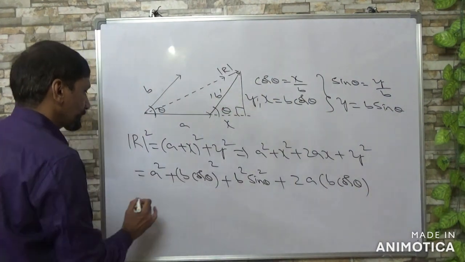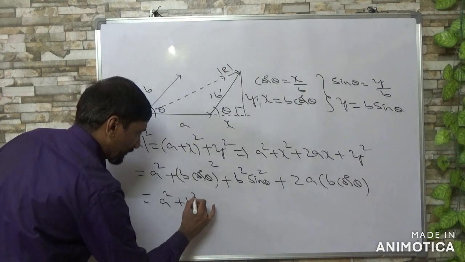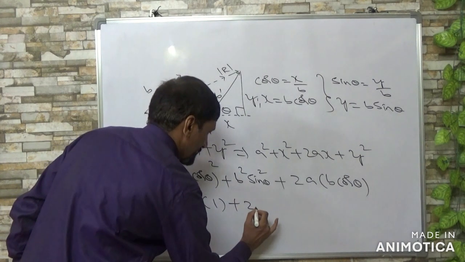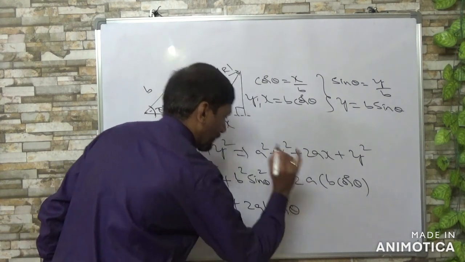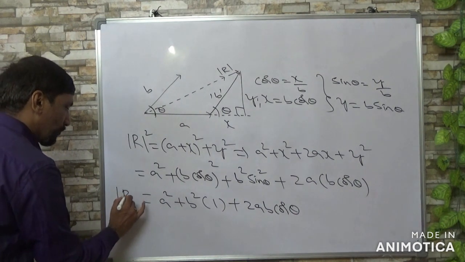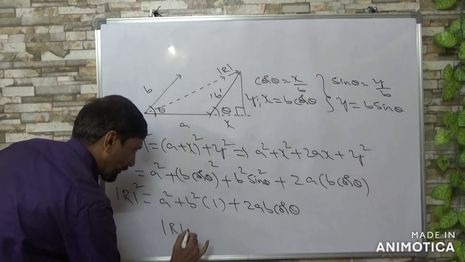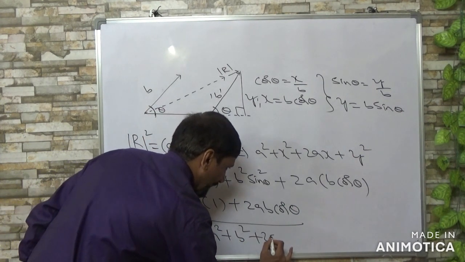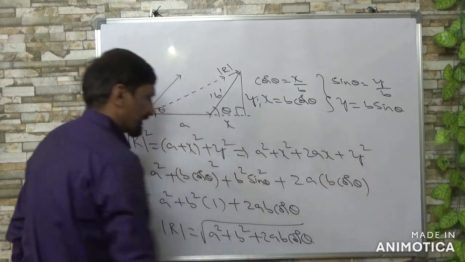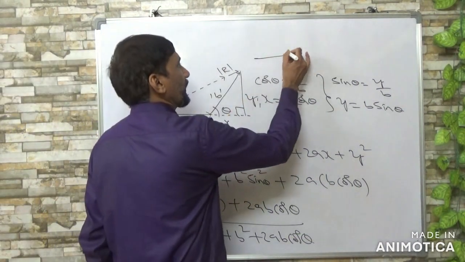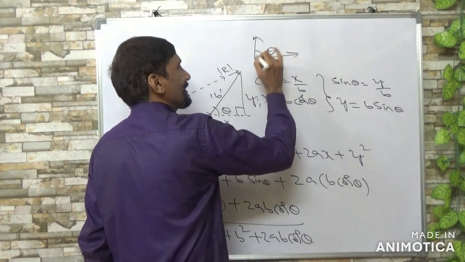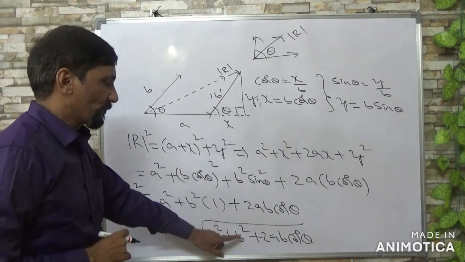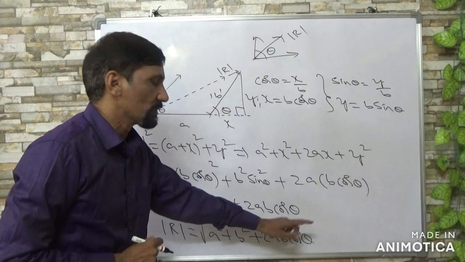If you take B square common, the trigonometric identity sin square theta plus cos square theta is always equivalent to 1. So this is all mod R square. Then mod R will become root over A square plus B square plus 2AB cos theta. So remember, whenever two vectors are inclined at an angle theta, the magnitude of the resultant is given by root over A square plus B square plus 2AB cos theta.